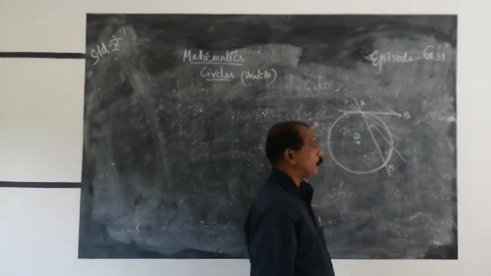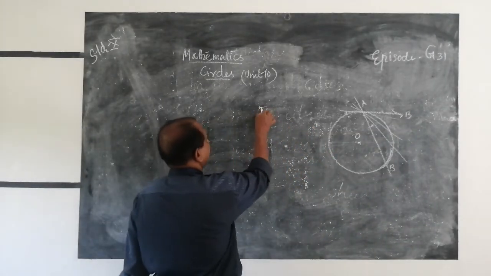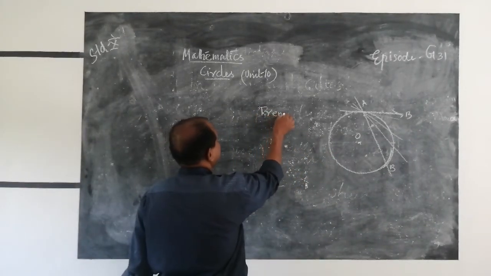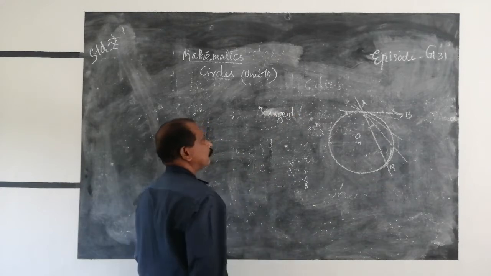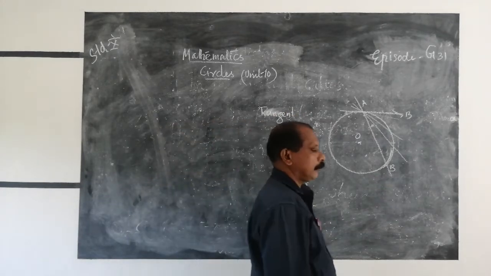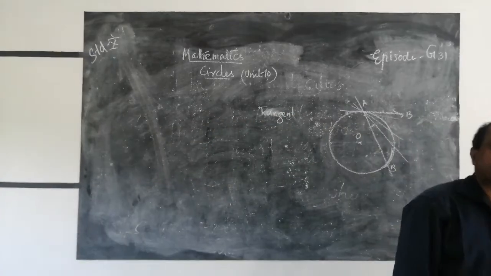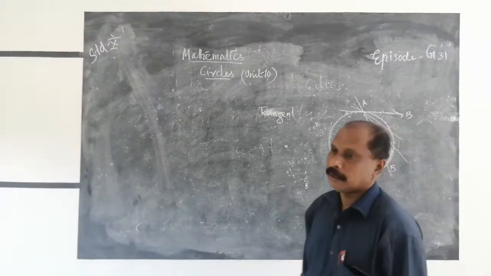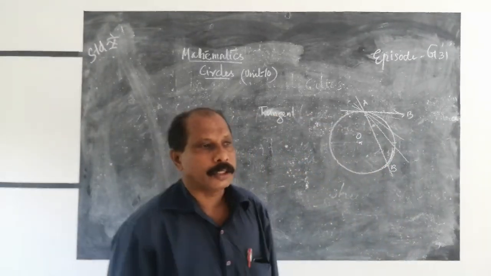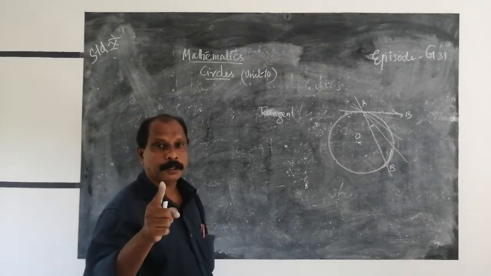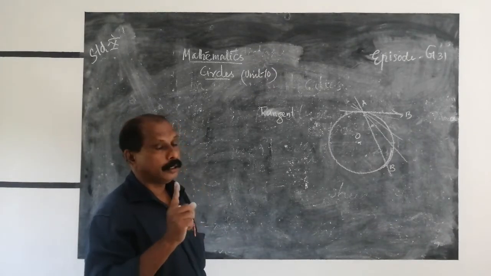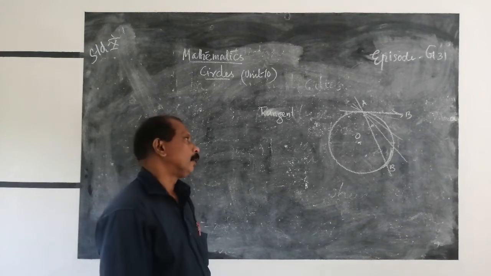Therefore, this line is known as a tangent. And what is a tangent? Any line that touches a circle is known as a tangent. That means there is only one common point between the circle and the line.